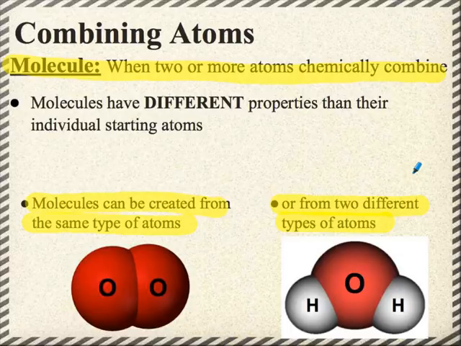I'm sure I just threw some of you for a loop right there. But yes, all compounds are molecules. So if something is a compound, it's also a molecule. But if you say it's a molecule, it's not technically also a compound.